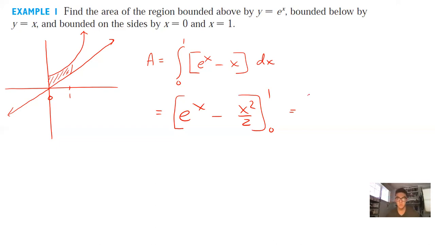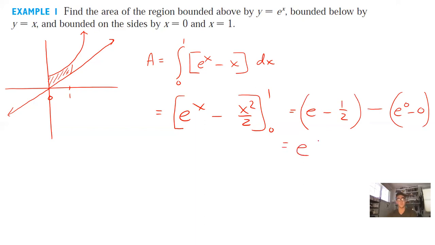So notice this gets a little bit more complicated because now we're going to do this right here, right? We have a subtraction between the two. Plug a 1 into that, makes e to the 1 minus, what is that, 1/2? And then plug in e to the 0, gets us that.